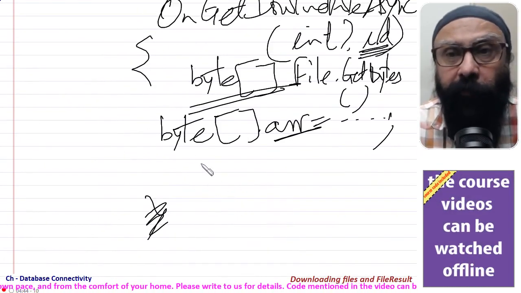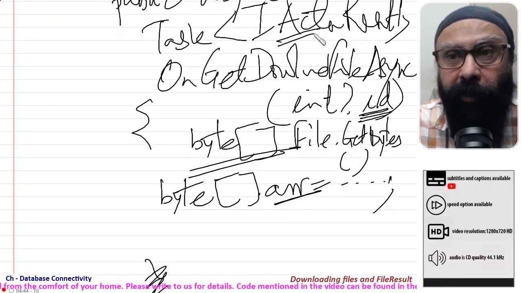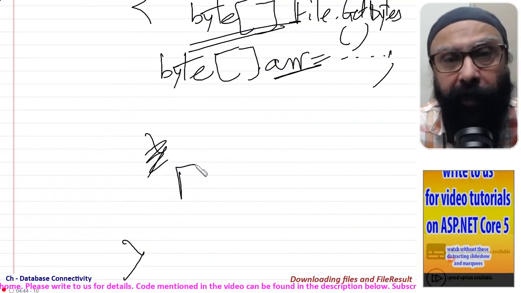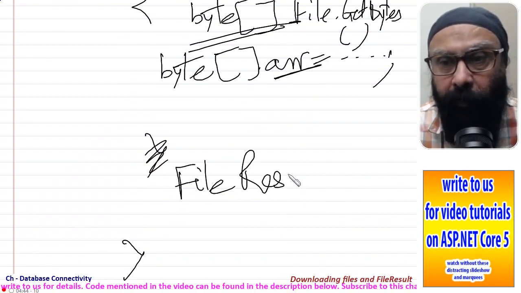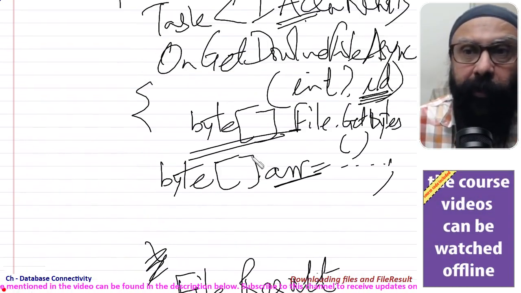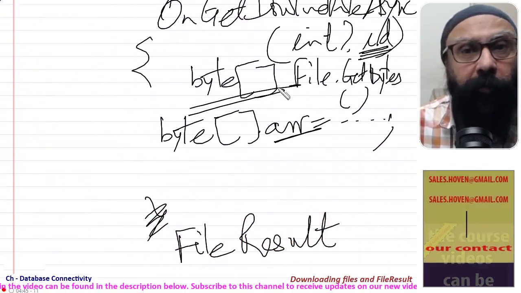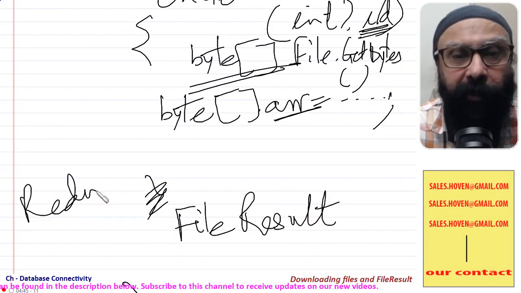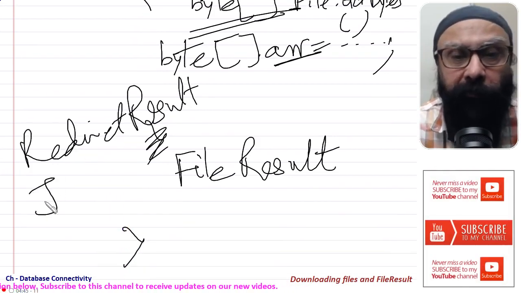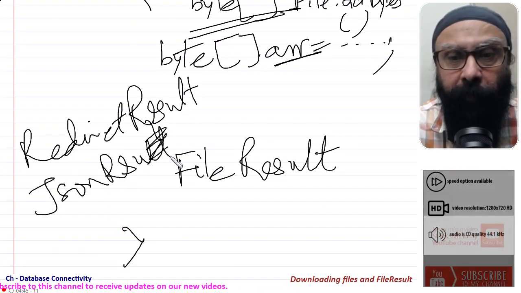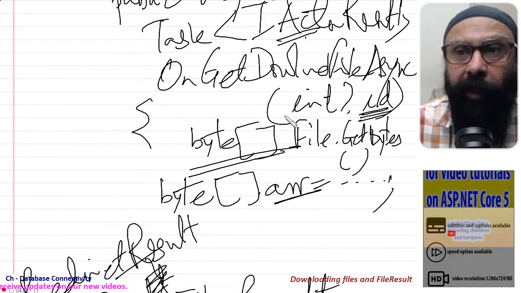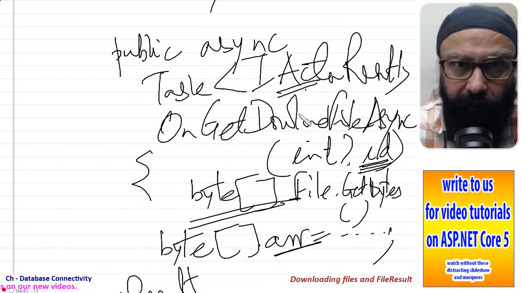The method of sending is that this IActionResult must be of a type FileResult. If you remember, when we do some redirection, we say RedirectResult, and when we send JSON, we say JsonResult. JsonResult, RedirectResult, FileResult, they are all of the type IActionResult.